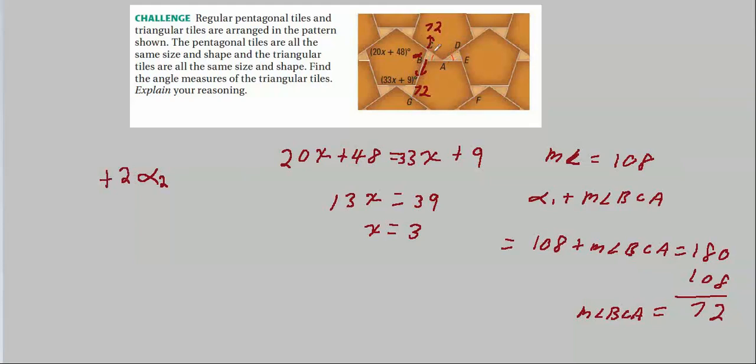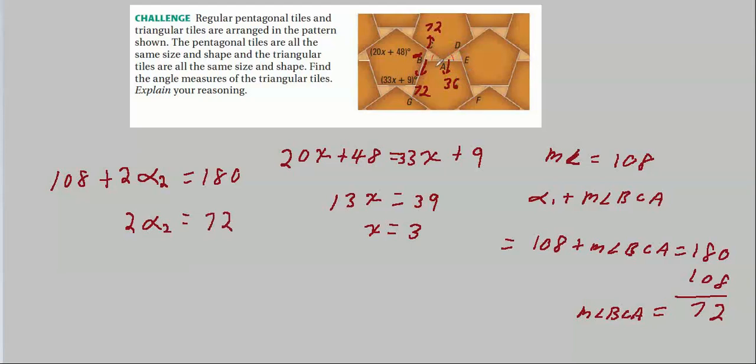Remember, these all have the same angle. Plus 108 equals 180. That's going to give us 2 alpha 2 equals 72. So each one of these angles here must be 36 degrees.